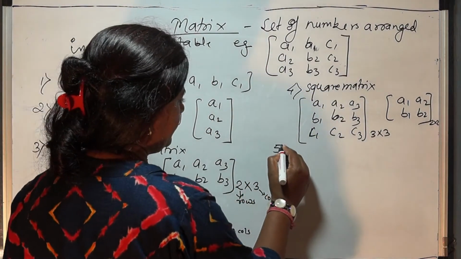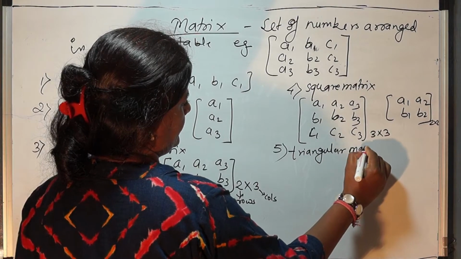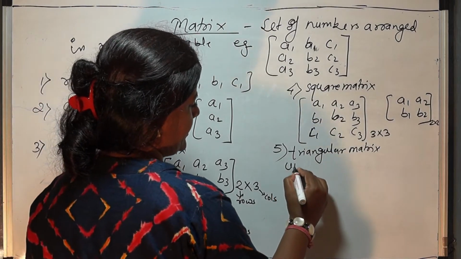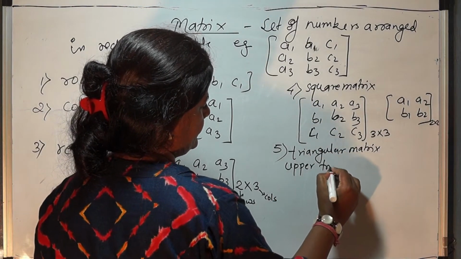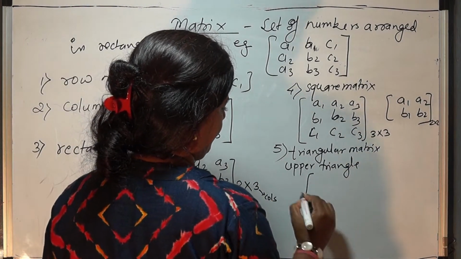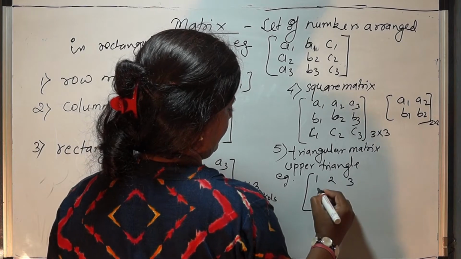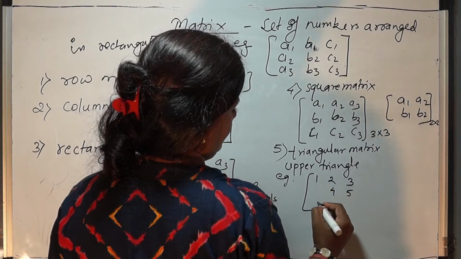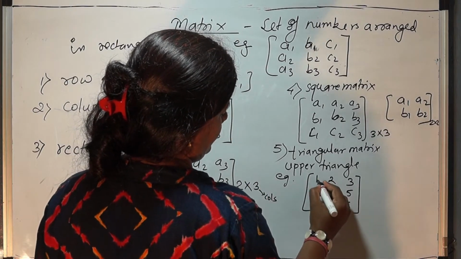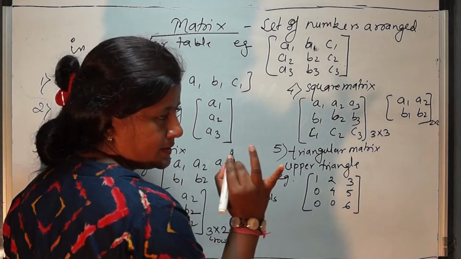Fifth type is triangular matrix. In triangular matrix there are two types: upper triangular matrix, where all the elements are in the upper triangle and the lower triangle is 0.